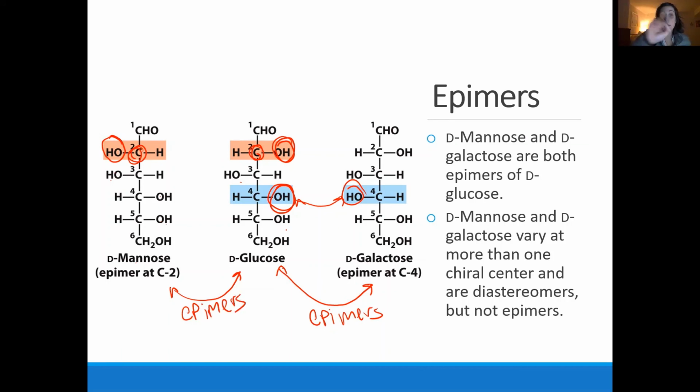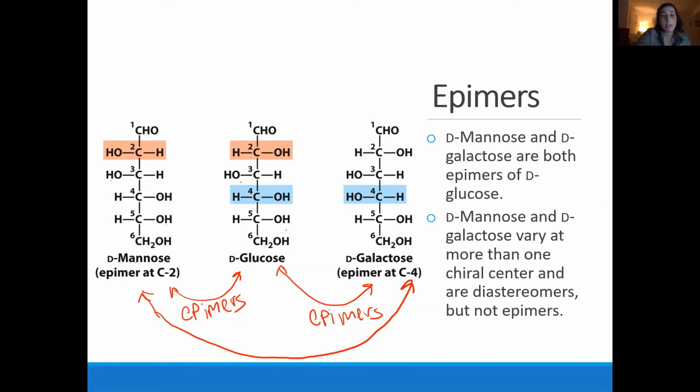There's only 1 rotation difference between mannose and glucose. Now, what about galactose compared to mannose? There are more than 1 changes when comparing mannose to galactose.